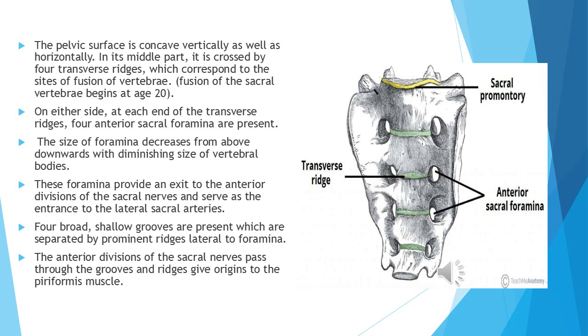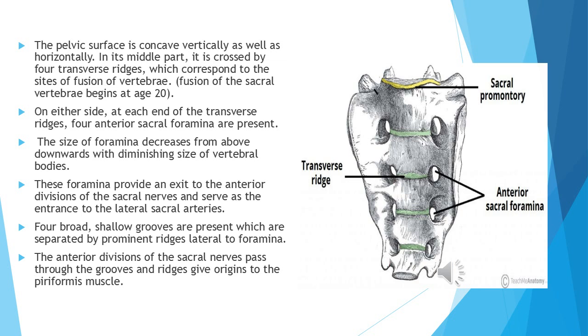We have to understand that the sacrum has a pelvic surface, and what you can see in this pelvic surface is, first, the upper part, the sacral promontory, then followed by four ridges that represent the fusion of the five sacral vertebrae.